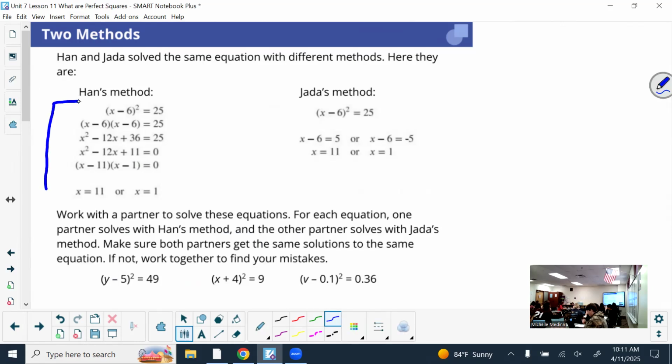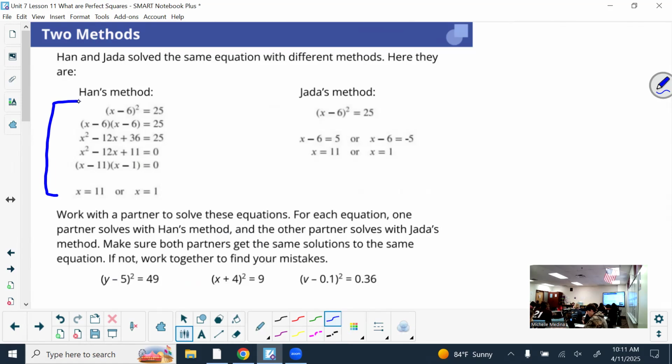Based on his scratch work, what method did he use for solving? We only know a few methods so far. What does it look like Han did to solve?